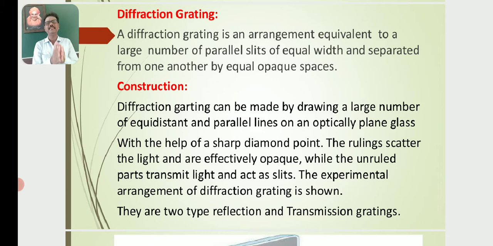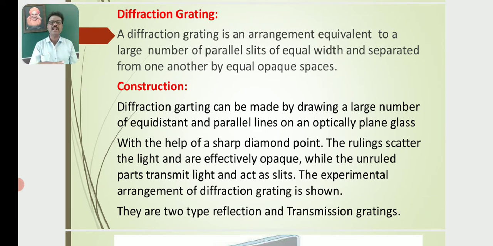When we draw the lines on a plain glass plate, the rulings scatter the light and are effectively opaque, while the unruled parts transmit light and act as slits.